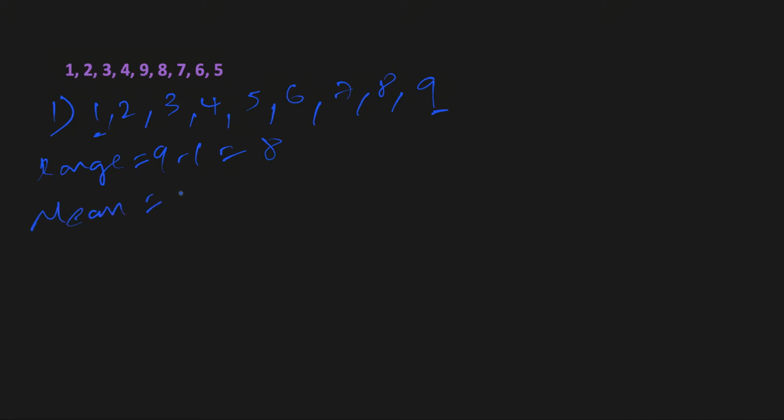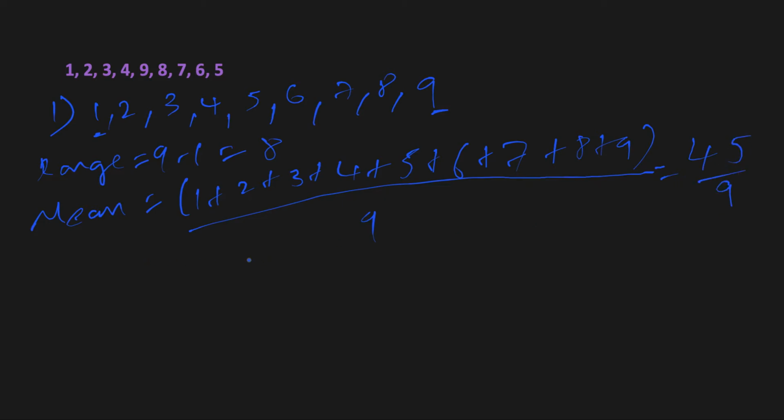Mean is the sum of all these numbers, 1 plus 2 plus 3 plus 4 plus 5 plus 6 plus 7 plus 8 plus 9, divided by how many numbers we have. We have 9 numbers, so this is 45 by 9, and our mean is 5.